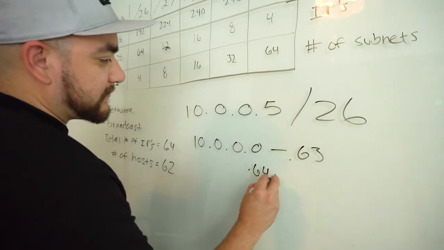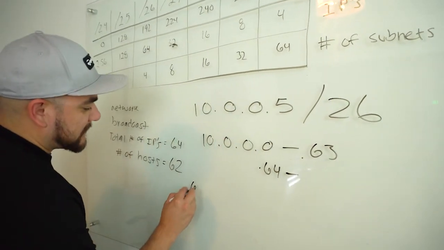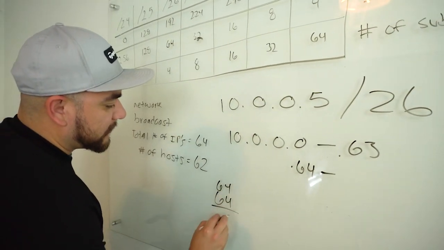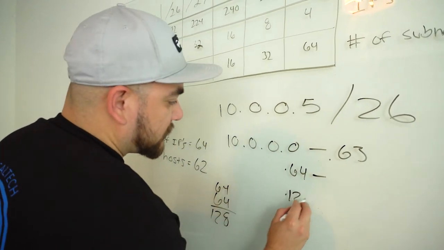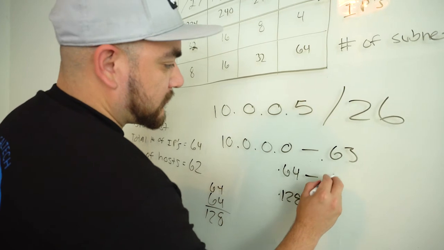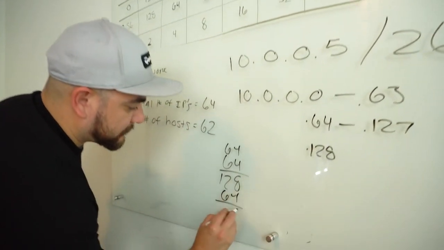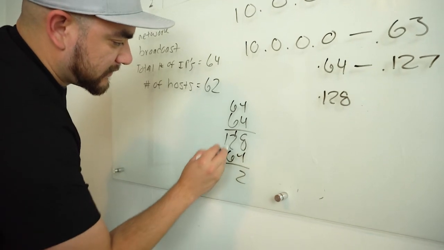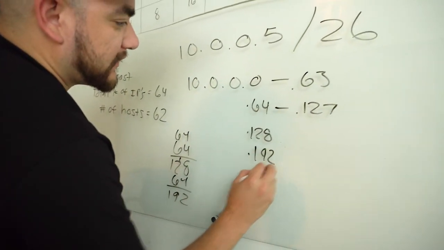And just going down the line. 64, 128, 192. See, there's a pattern here, guys?